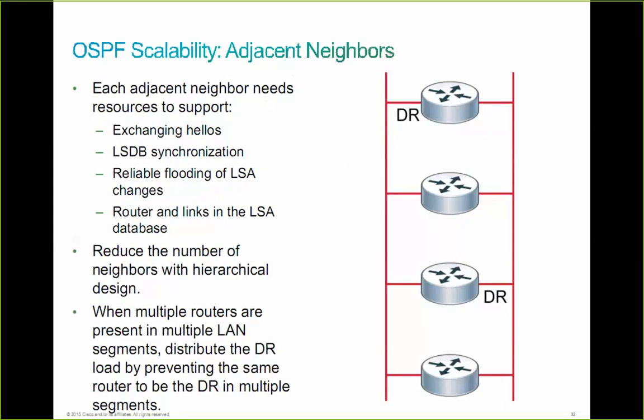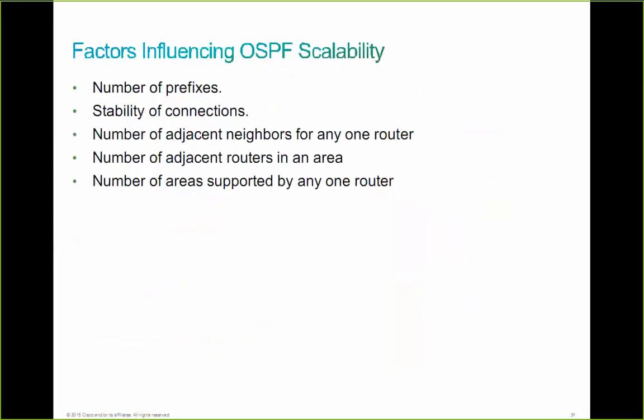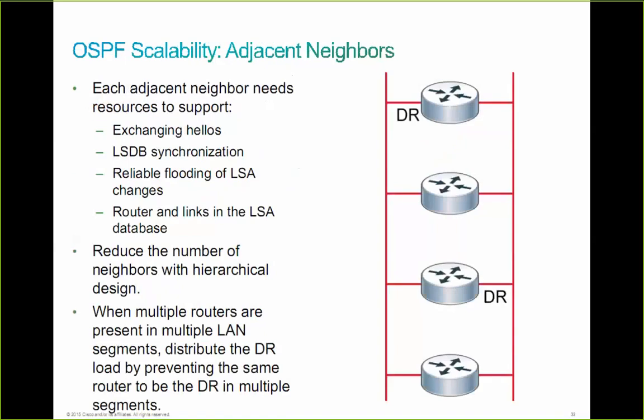OSPF scalability is going to be influenced, number one, and we saw that as one of our items here, by the number of adjacent neighbors for any one router. So OSPF scalability is influenced by that number of adjacent routers or neighbors.